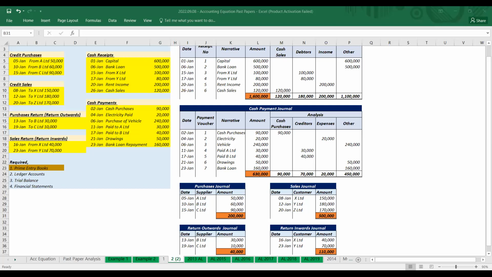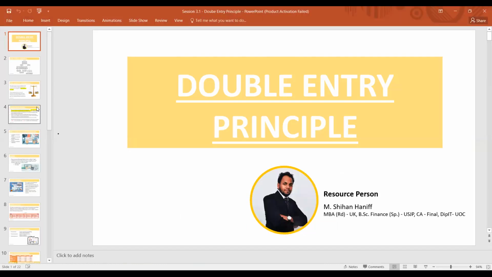So let me brief you all about the double entries and the ledgers.